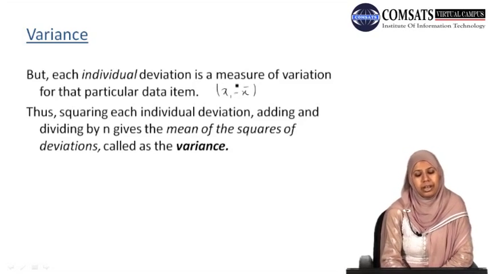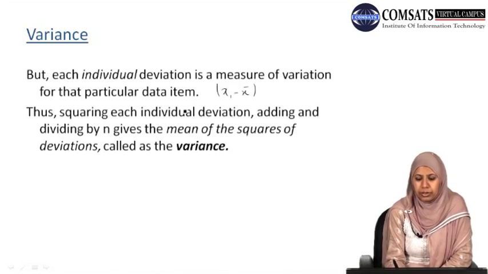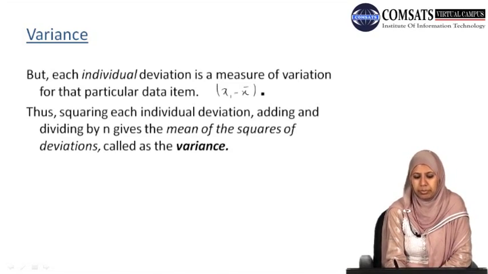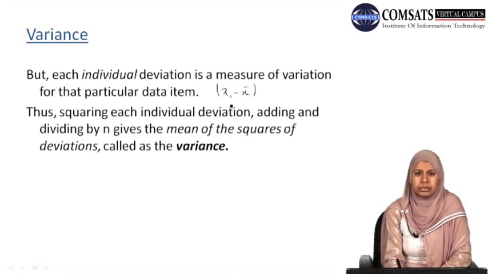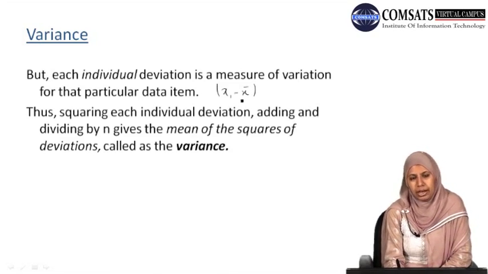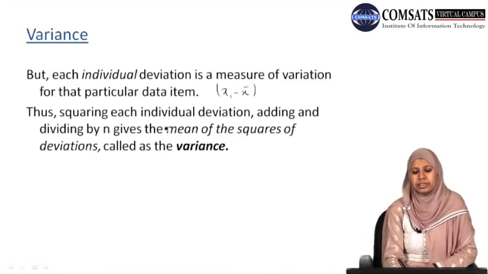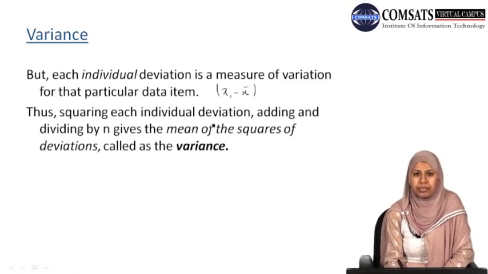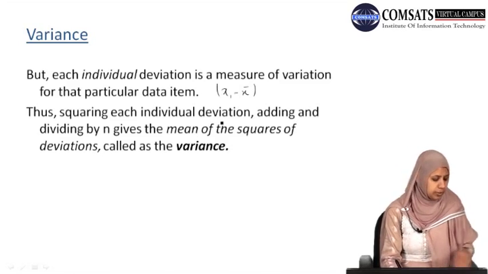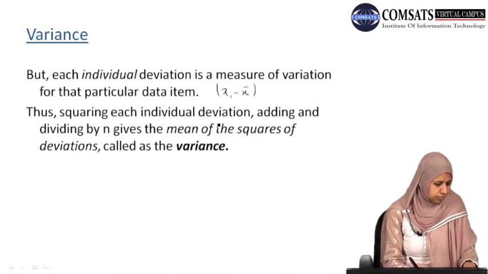So average deviation does not give us anything. What we can do is square all of them, that is, squaring each individual deviation, adding all of them and then dividing by n gives us the mean of the squares of deviations, which is called the variance.